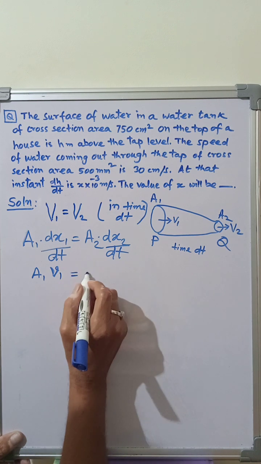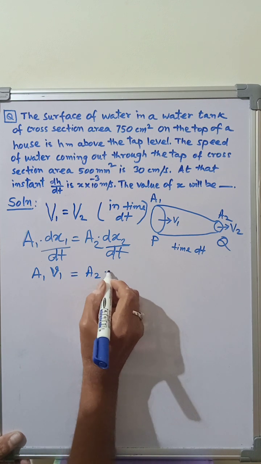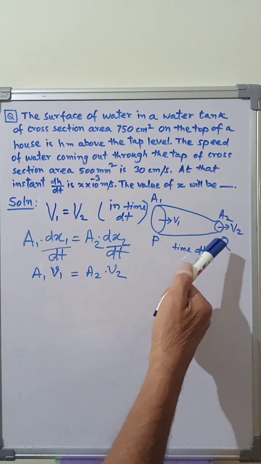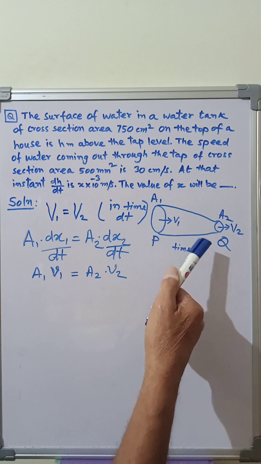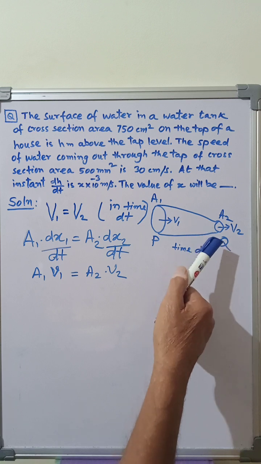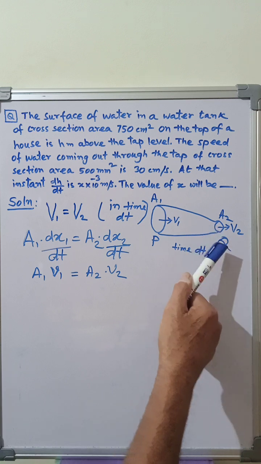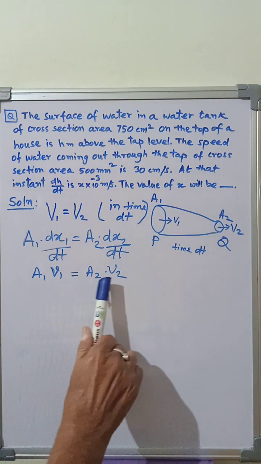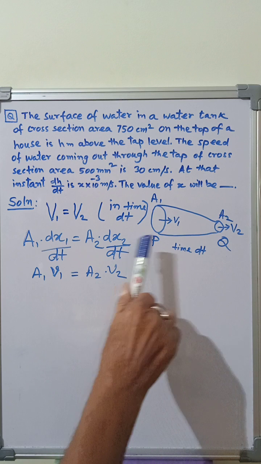RHS will be equal to A2 into v2, where v2 is the corresponding speed of flow of the fluid at the cross-section A2 at the point Q. So this is the equation of continuity of fluid flow.